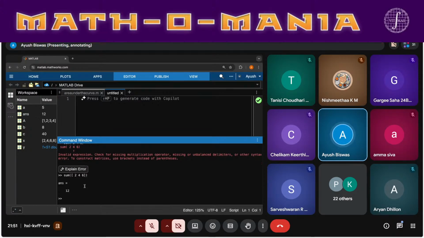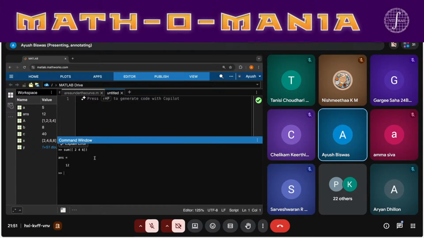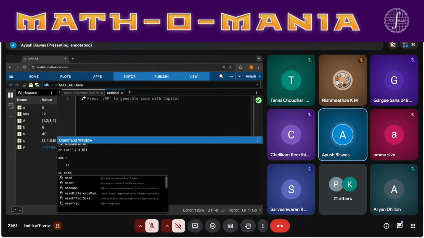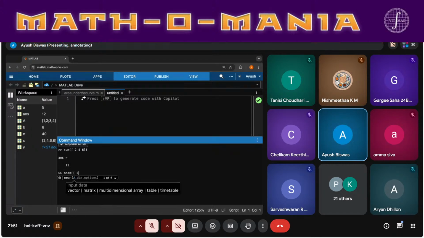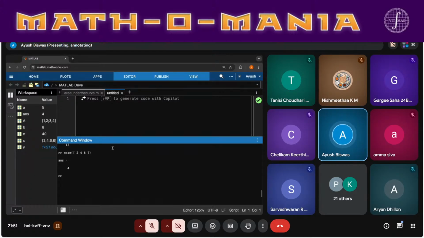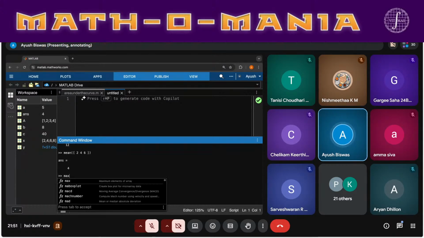That will give us the sum, so 2 plus 4 plus 6 is 12. Mean, max and min also work pretty much the same way. So mean of 2, 4, and 6 gives us 4. Max should probably give us 6.